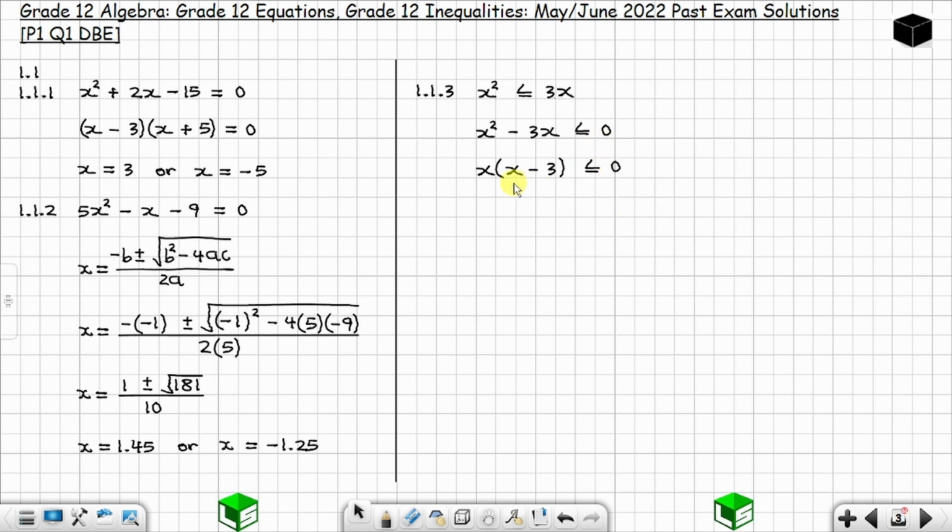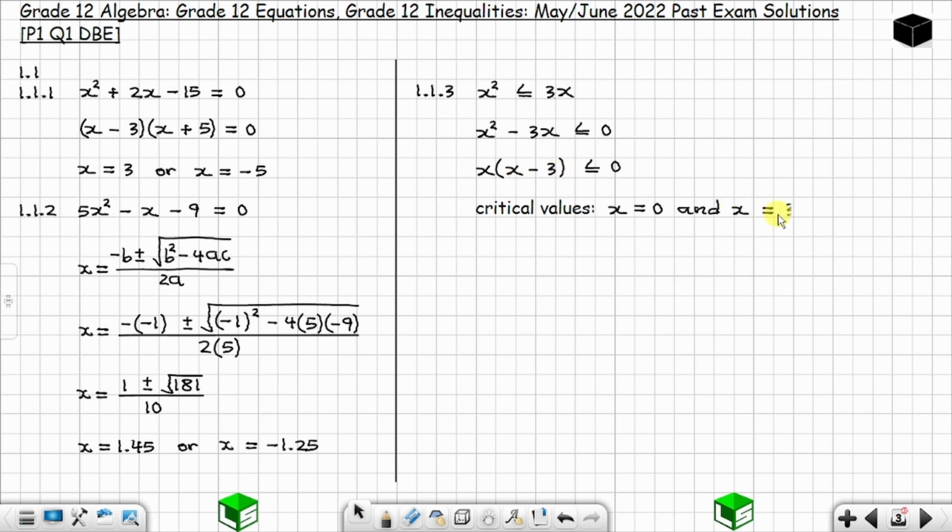Okay, now from here you have to get your critical values. So what are the critical values? You have to get your critical values after factorization. After you have this, these are the values of x which will make this inequality equal to 0. You can see x is equal to 0 and x is equal to 3 when you solve.